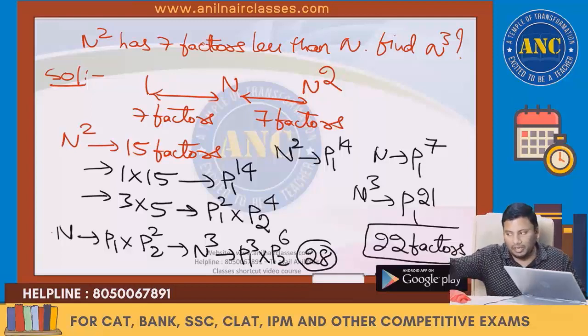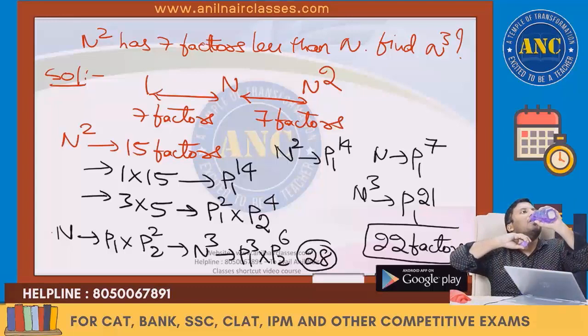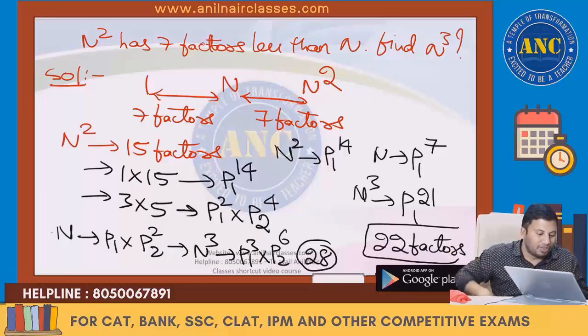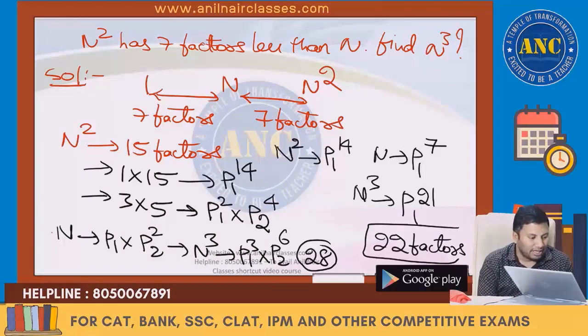N cube will be P1 power 21. 21 plus 1 is 22. 3 into 5: P1 power 2 into P2 power 4. N is P1 into P2 square. N cube is P1 power 3 into P2 power 6. Right? I hope the idea is clear.